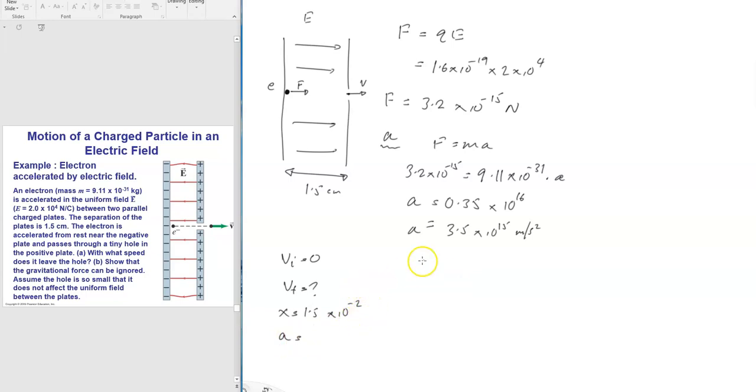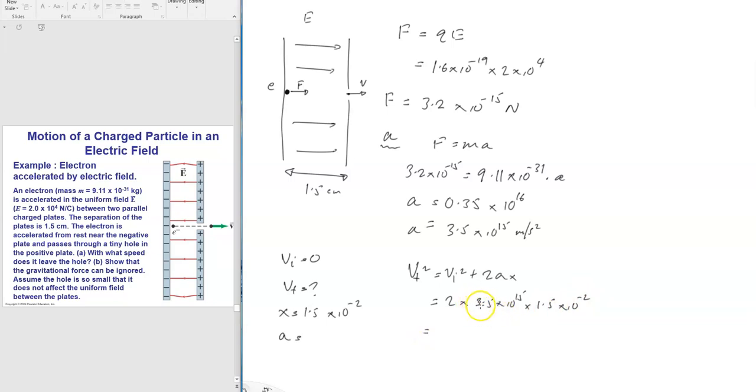So we can do this. V final squared equals V initial squared plus 2ax. 2 times 3.5 times 10 to the 15 times 1.5 times 10 to the negative 2.